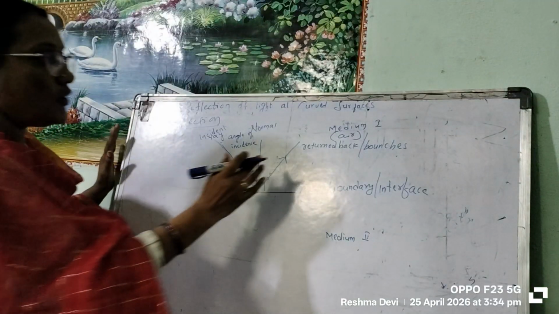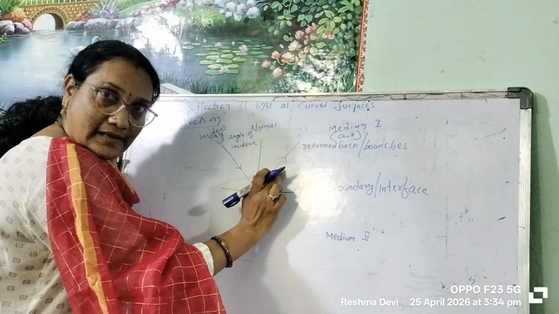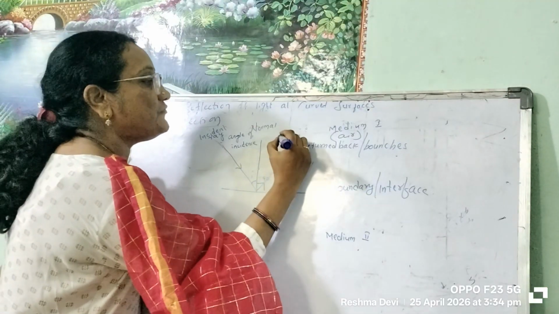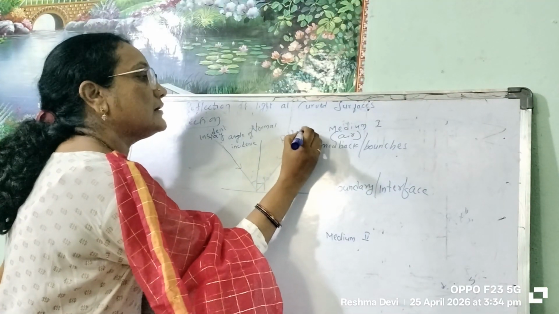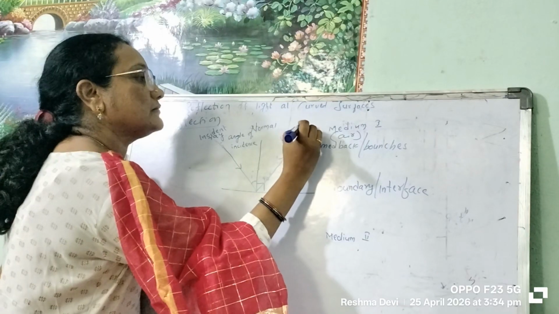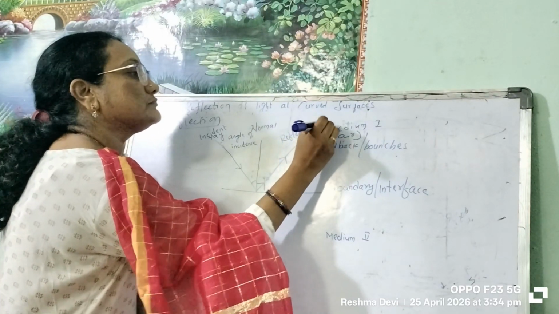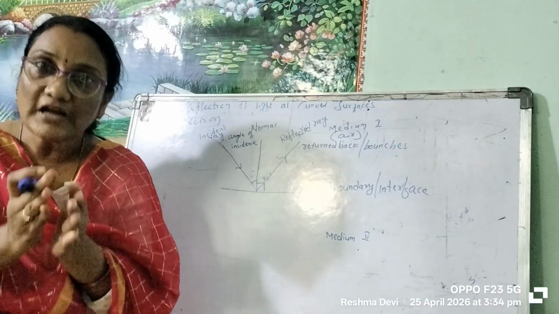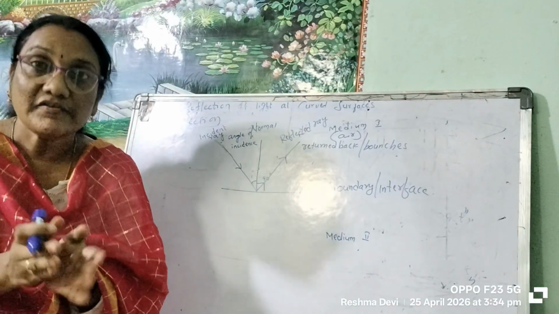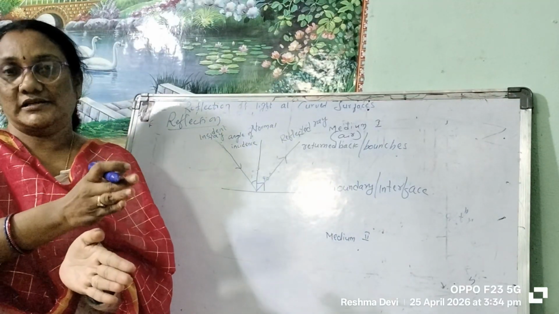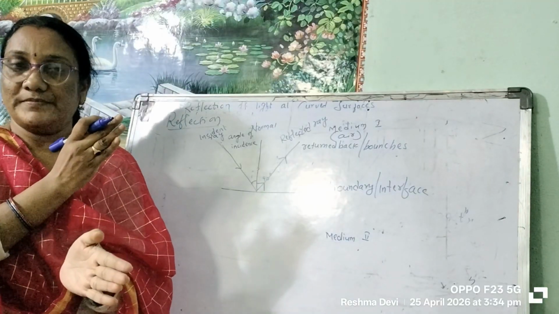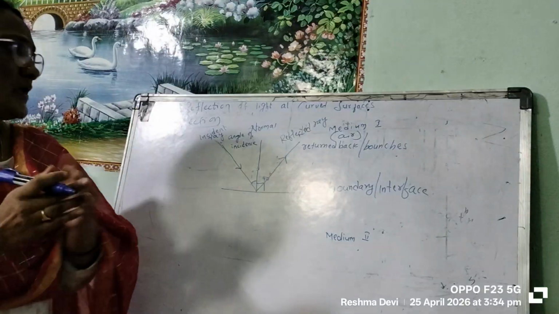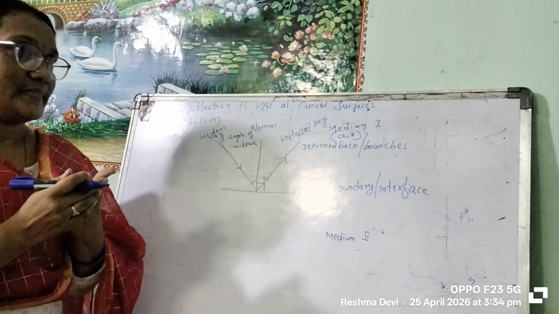Okay. So now this ray which undergone reflection, we call it as a reflected ray. This ray which undergoes the phenomena of reflection. Reflection means returning back of the light into the same medium. Now see the reflected ray.